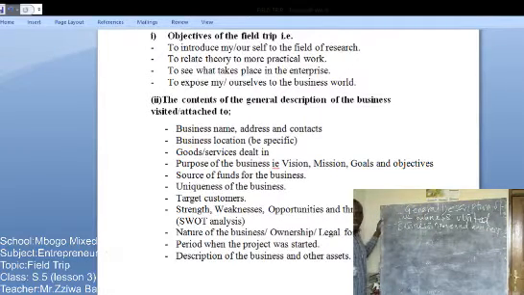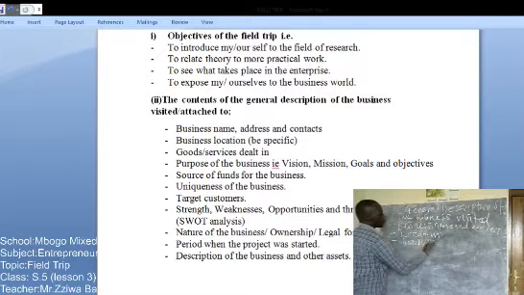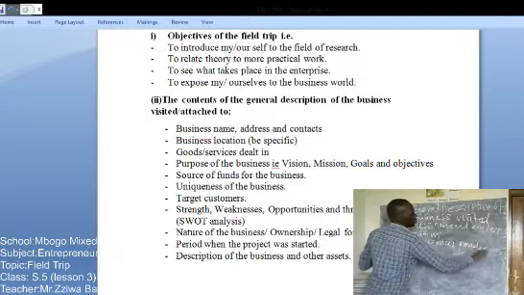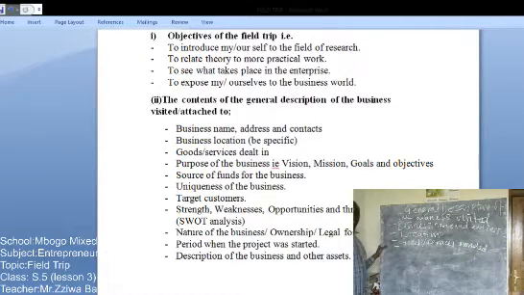The other component, we shall talk about business location. Another component, we are going to talk about the goods and services provided by the business. Okay? The other component, I want us to look at the purpose of the business.